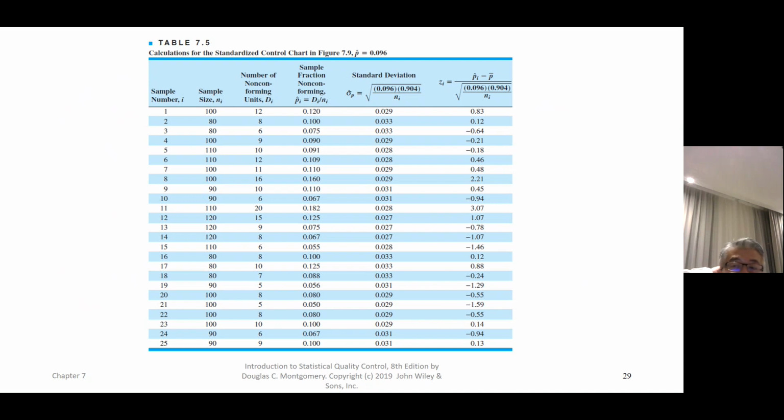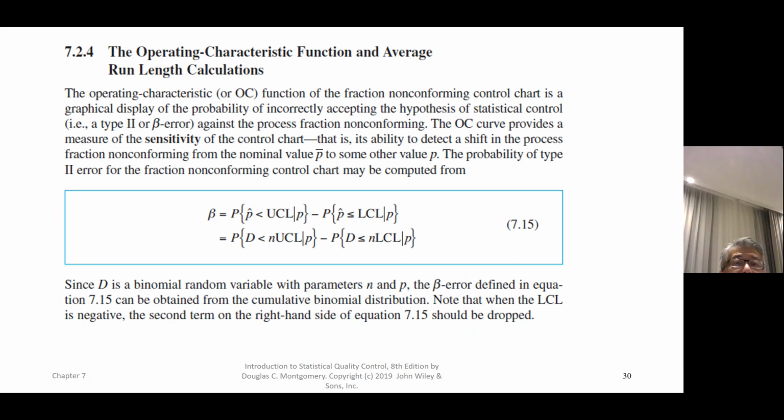Okay, the next one is the operating characteristic function and the average run length, ARL, calculation. The ARL can be classified into two: one is the ARL in, the latter is the ARL out.